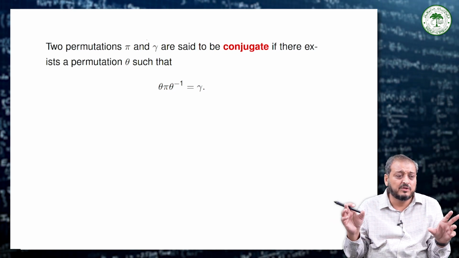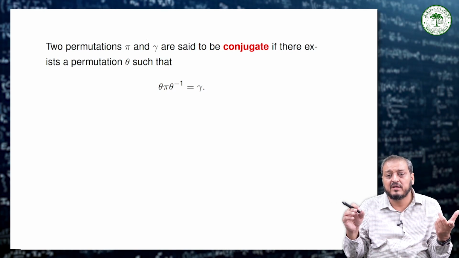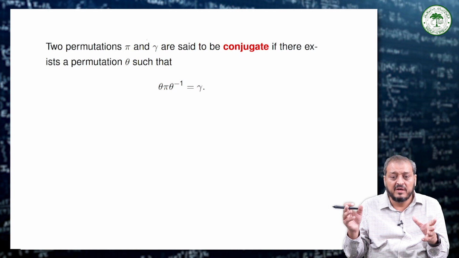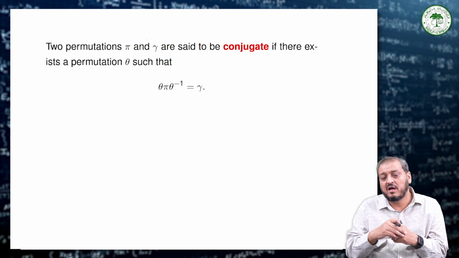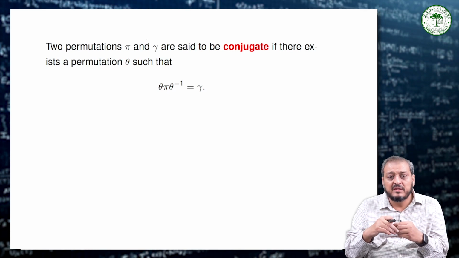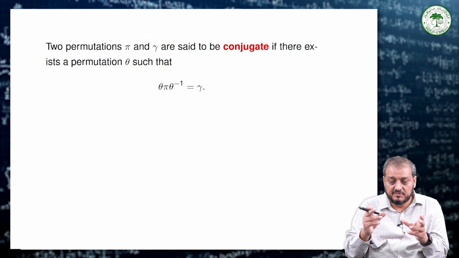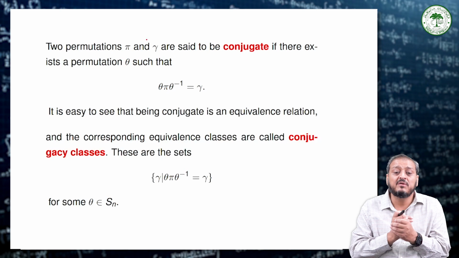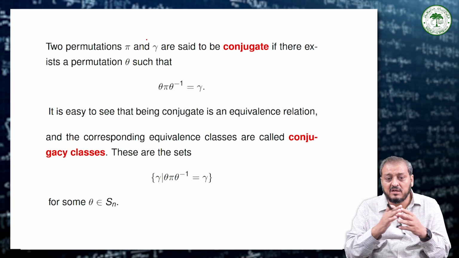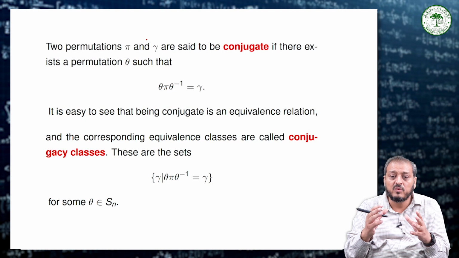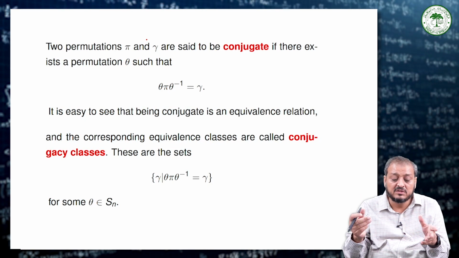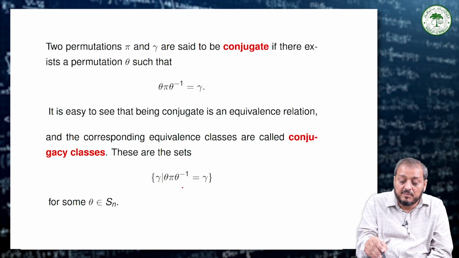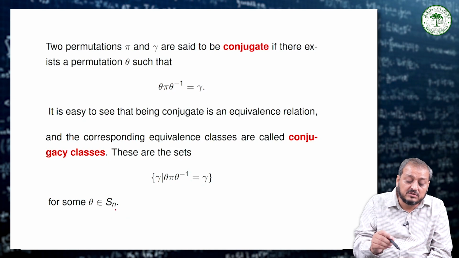If we have two permutations, and another permutation theta exists such that theta pi theta inverse gives gamma, then we can say that pi and gamma are conjugate to each other. It is easy to see that being conjugate is an equivalence relation, and the corresponding equivalence classes are called the conjugacy classes. Therefore gamma is equal to theta pi theta inverse for some theta belonging to Sn.